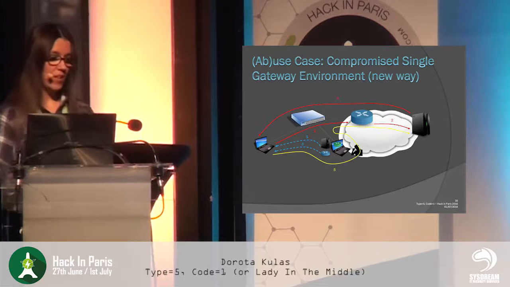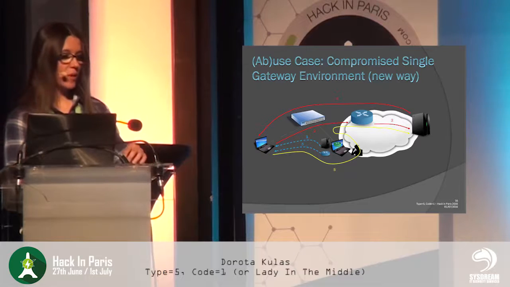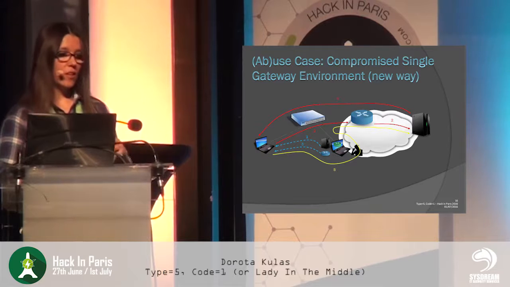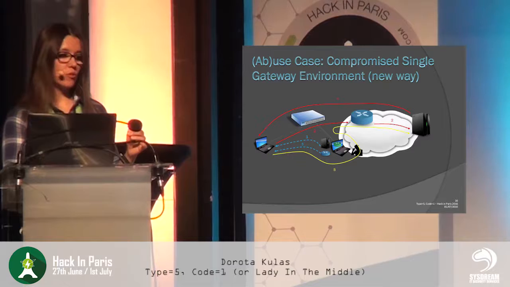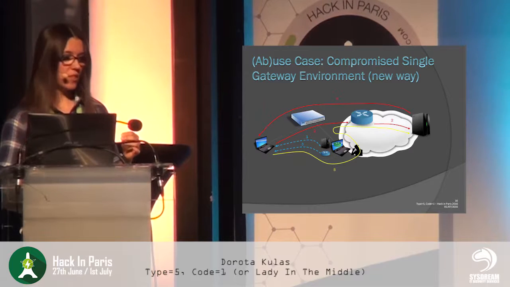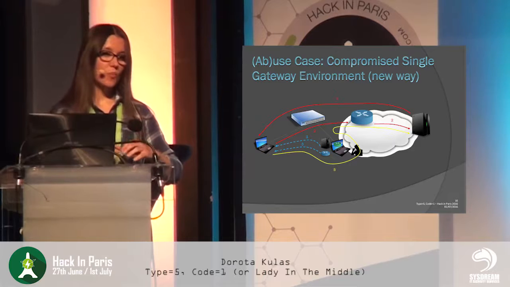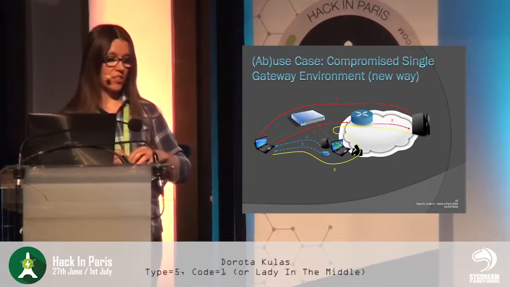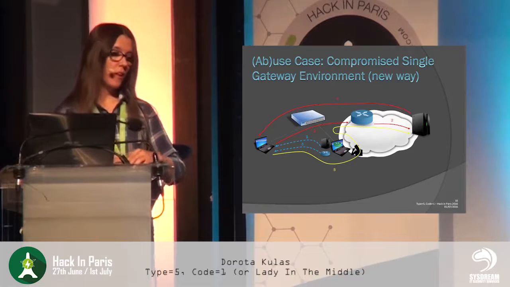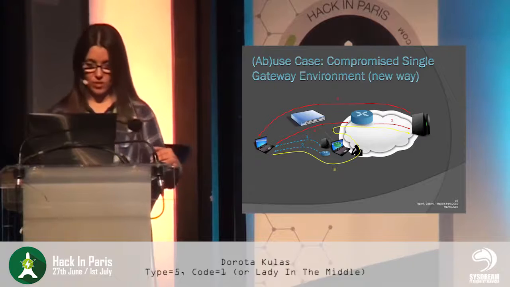I will show some frames in a minute. Just remember that we focus on message number 1, which is the trigger packet claiming to be from the server to the user, then message 2 from the user to the server, and message 3, which is spoofed as if it were sent from the default gateway, but the attacker actually sends this message claiming to be the default gateway, and this is the redirect message to the user.